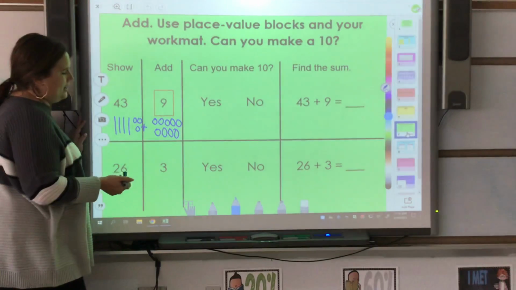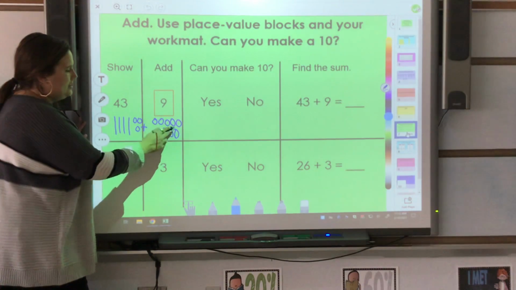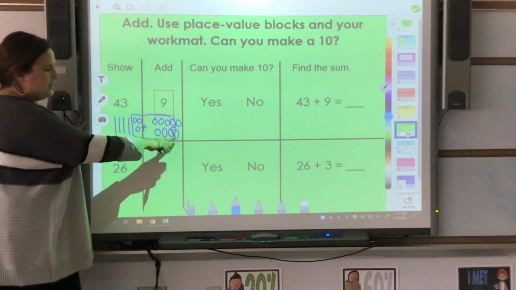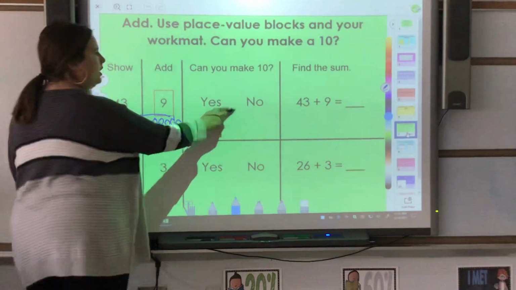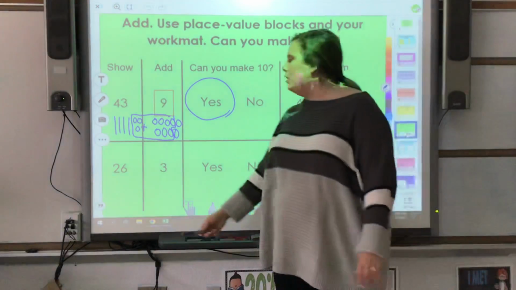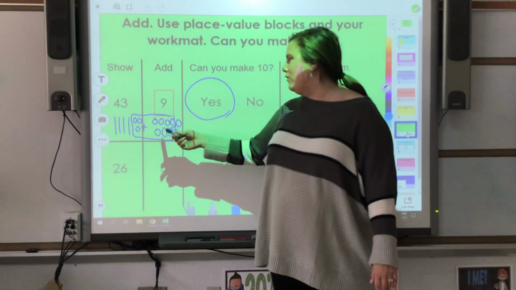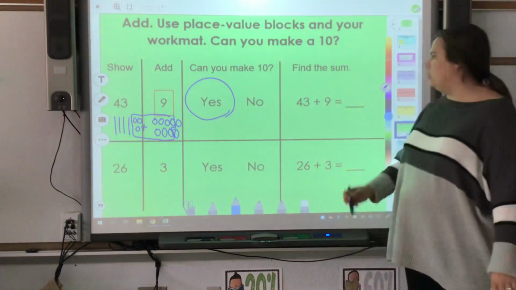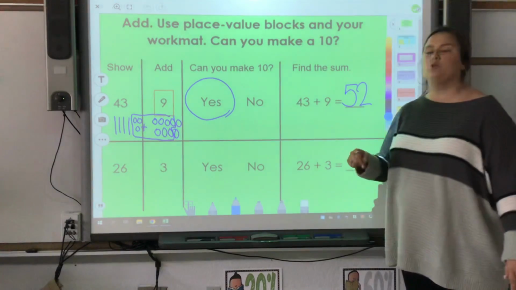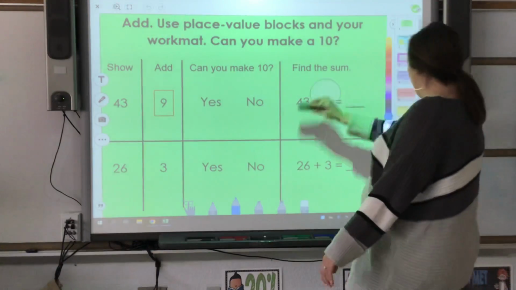We can, guys, because we have 1, 2, 3, 4, 5, 6, 7, 8, 9, 10. So I know it looks a little silly, but we can make a 10 and still have 2 left over. And then you can add your 10s and your 1s. 10, 20, 30, 40, and this is a 10 now. So 50, 51, 52. So drawing your picture underneath each number is really helpful.